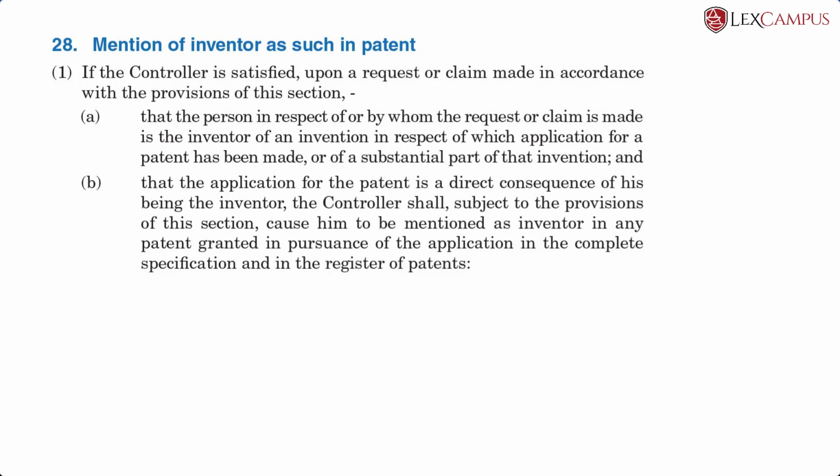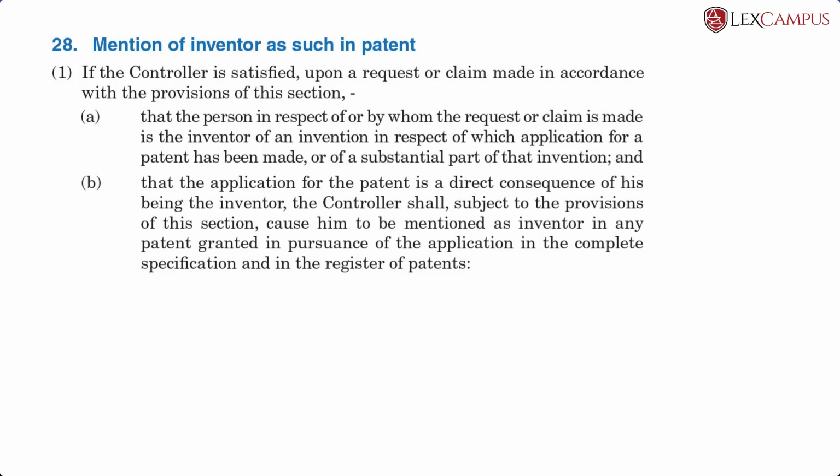But the applicant could be the person to whom the inventor has assigned the invention. It could be the research organization, it could be the lab, it could be the corporation or the company for which the inventor had worked. The applicant is regarded as the owner of the invention, and the inventor is regarded as the creator of the invention. These two are two different statuses under the Patents Act.